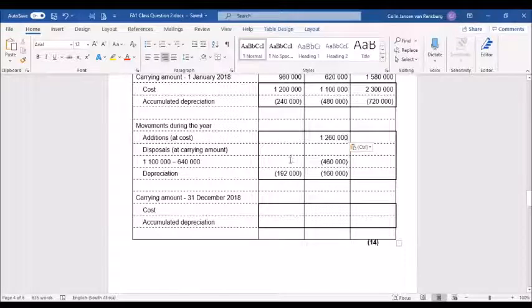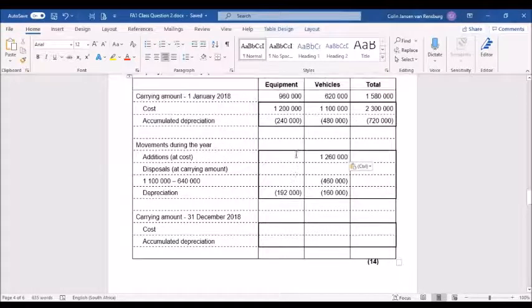What we need to do now, ladies and gentlemen, if this is going to be the published version of our financial statements, then wherever there is no movement, we are going to type a little dash. There were no additions regarding equipment, so we put in a dash there. There were no disposals of equipment, so we put a dash in there. There was depreciation, so let's go to the vehicles.